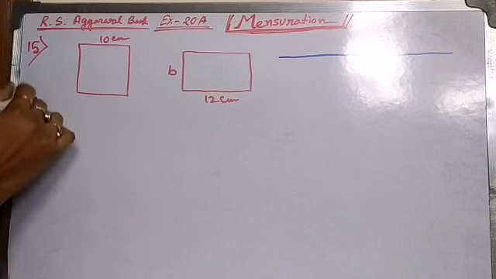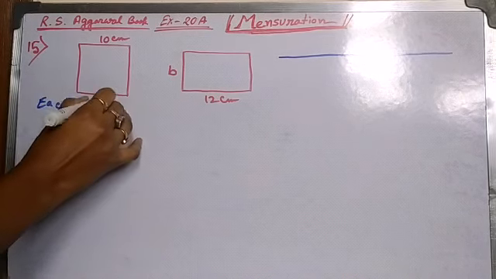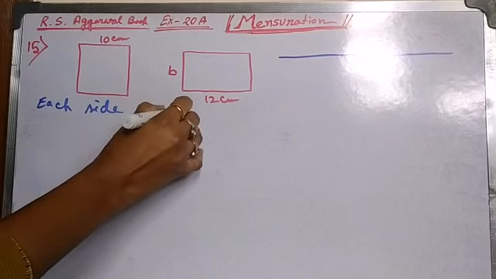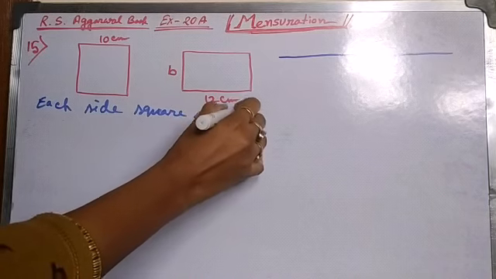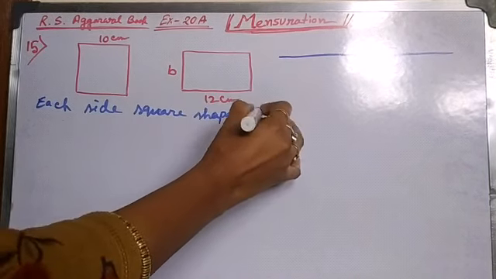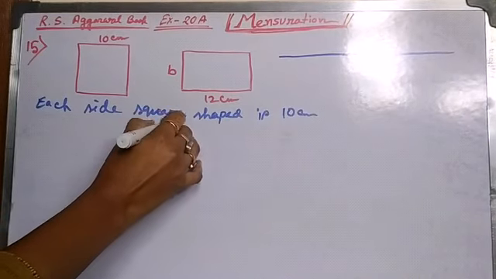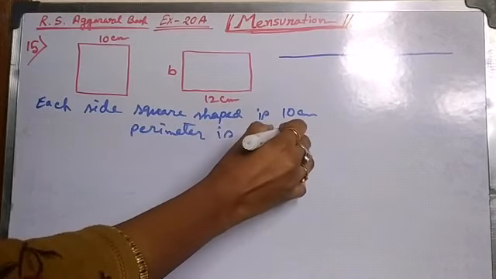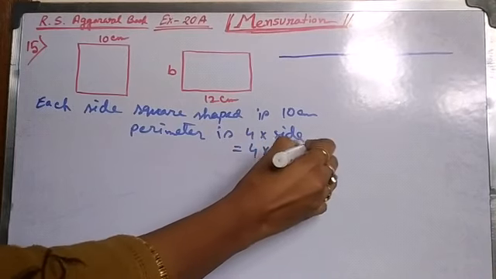Each side of square shaped is 10 cm, then perimeter is 4 into side, that means 4 into 10, that means 40 cm.